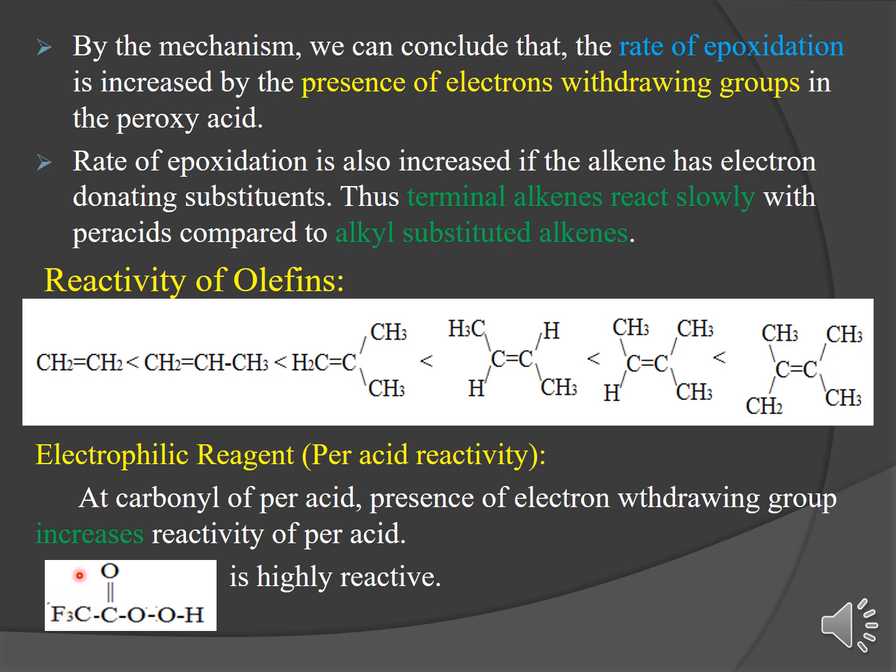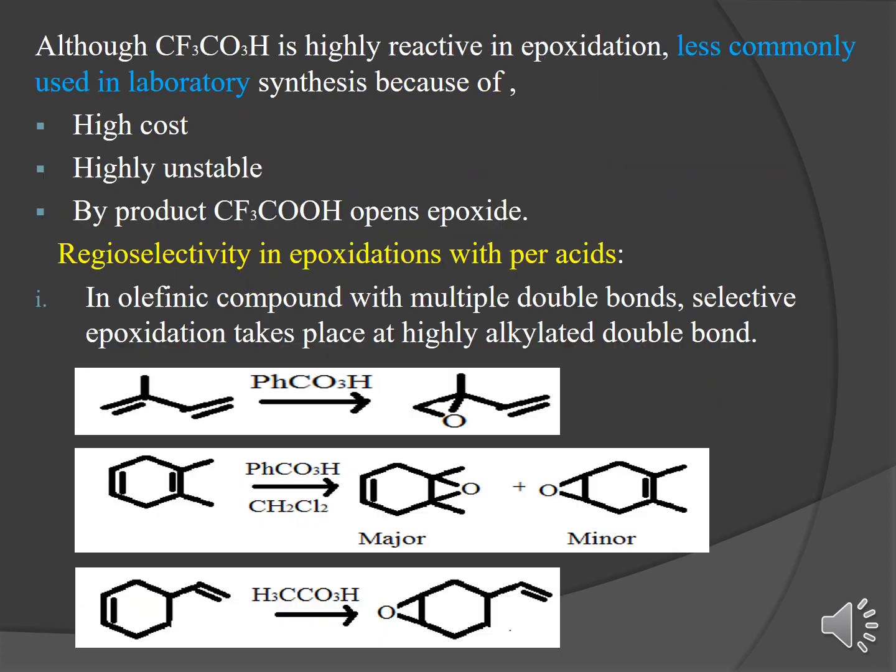The presence of an electron withdrawing group at the carbonyl of your peracid will increase the reactivity of your peracid, that is, if you take trifluoroperacid, which is a highly reactive species.